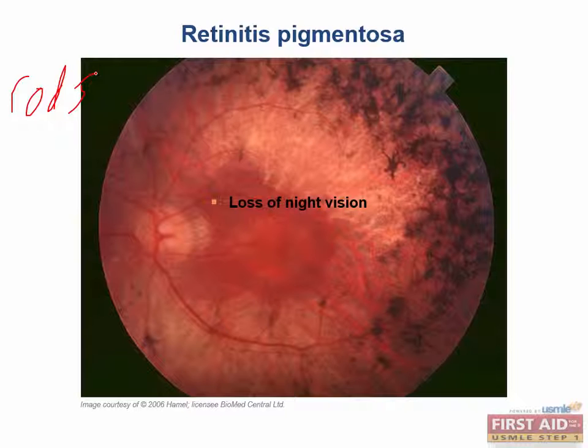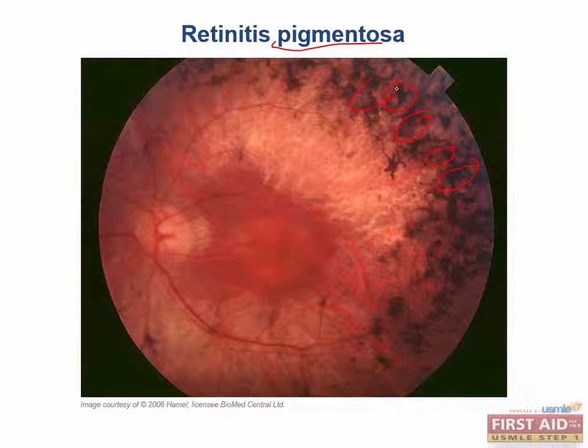Other symptoms can also include tunnel vision as well as loss of central vision. One other thing you should look out for on your exam is the black bone spicule pigmentation that can occur on the retinal epithelium in retinitis pigmentosa. In fact, that last part of the name, pigmentosa, should help you to remember that this is one of the commonly seen presentations on the fundoscopic exam.